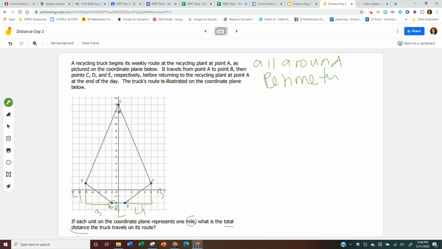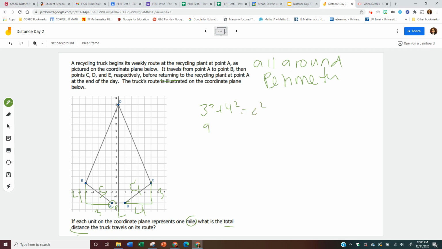I also can see that there's no way that DC is equal to the same as BC. So I'm just going to take care of these two sides and do the Pythagorean theorem. Remember that the side that you're looking for is always C. Okay, and they're both equal to each other because the triangles came out equal to each other. So 3 squared plus 4 squared is equal to C squared.